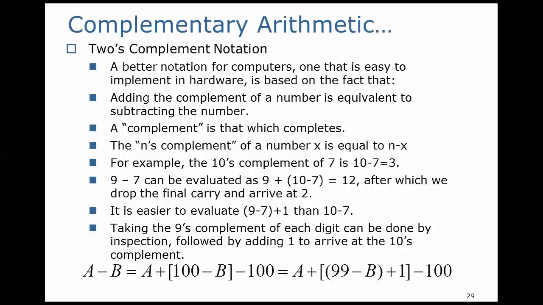That's taking off that carry. But we could also do a plus the 9's complement of b by simply doing 99 minus b, then adding 1, and then we remove the carry at the end.